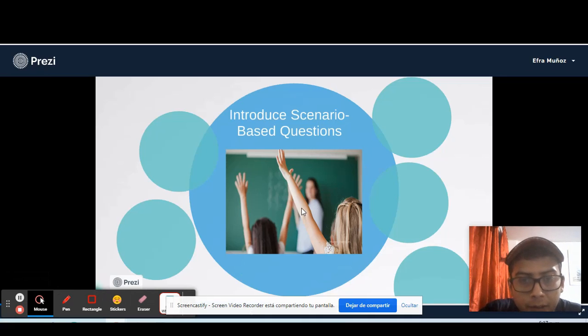The scenario-based question type is one of the most effective learning tools. The most significant element when designing a scenario-based question is to develop the problem around a relatable situation. There are several ways to format scenario-based questions. Here are the different types.